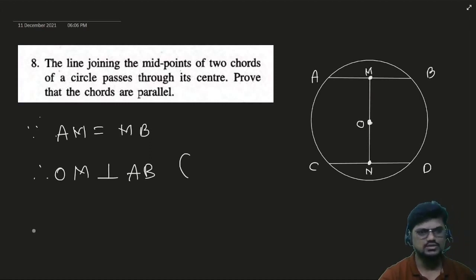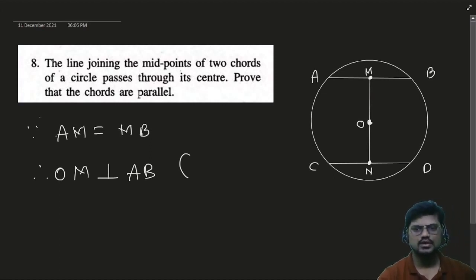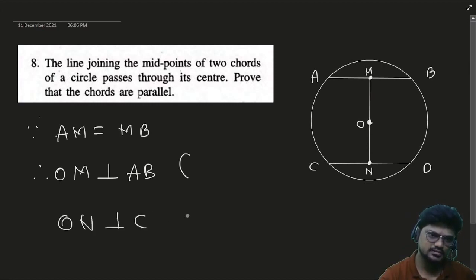That's why. Similarly, ON will be perpendicular to CD, for the same reason. We can give the same reason for both, and write it once. So ON is perpendicular to CD.